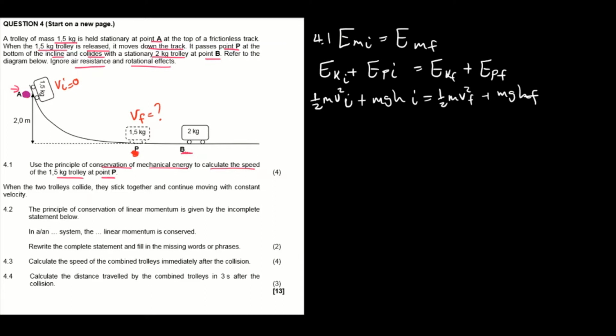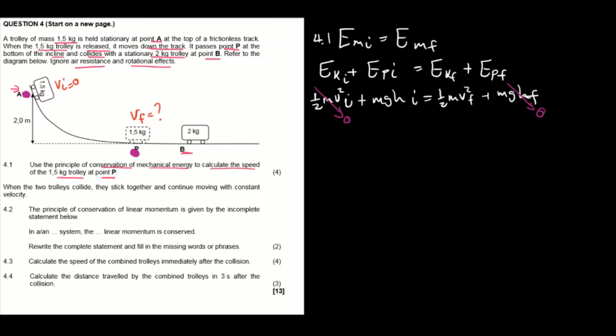So there's no movement of this trolley, meaning the kinetic energy initial is going to be 0. Then looking at this point here, the trolley is at the surface, so there is no height whatsoever, meaning the potential energy final is going to be 0.